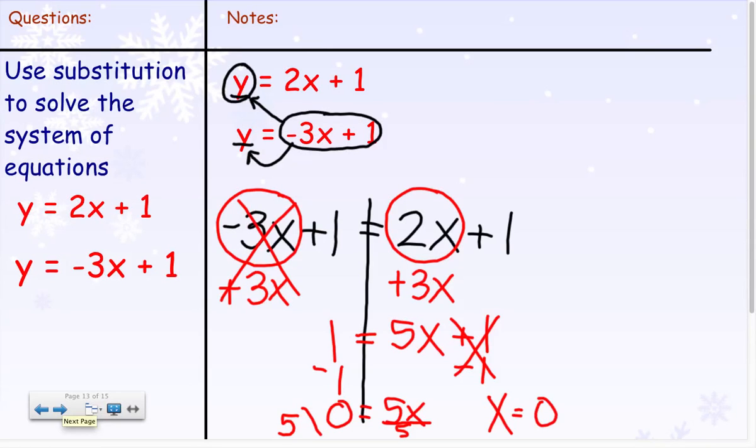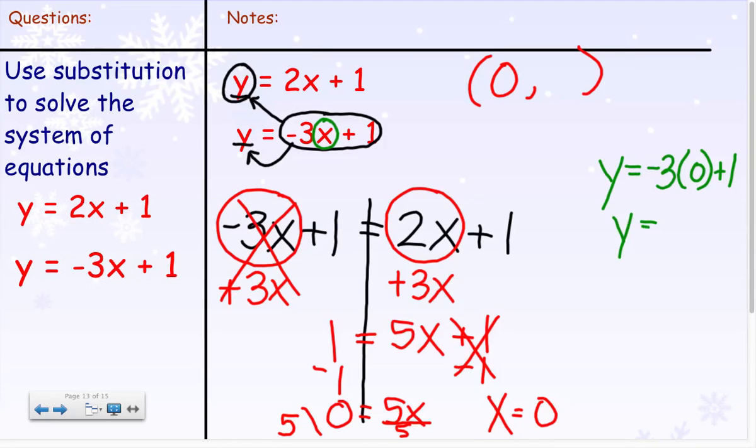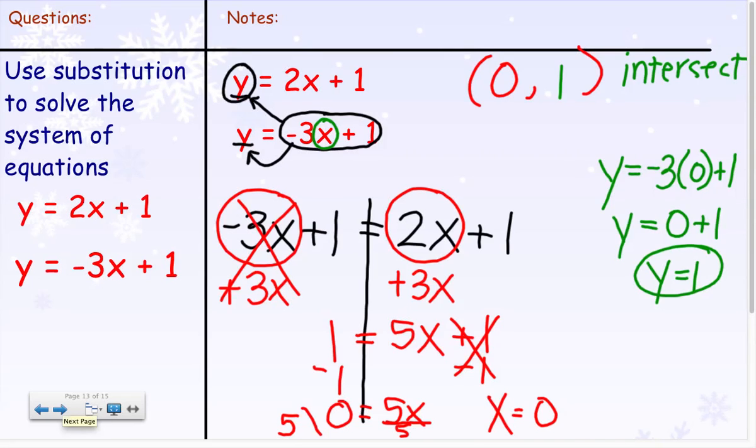So there is half of my answer. 0 is my x-coordinate, I have to find my y-coordinate. So I'm going to plug 0 in for x back into my circle. So y equals negative 3 times 0 plus 1. So y equals 0 plus 1, y equals 1. So intersecting one solution.